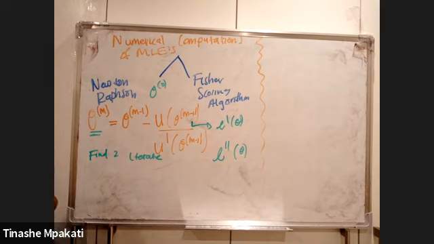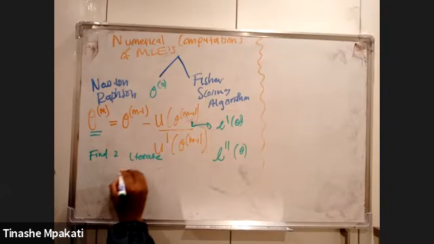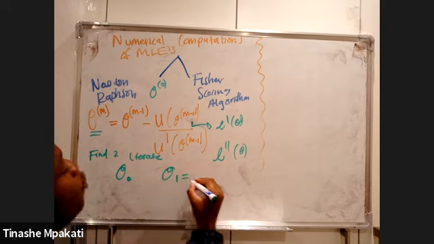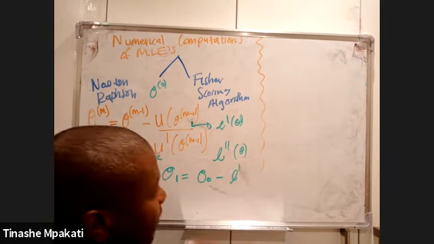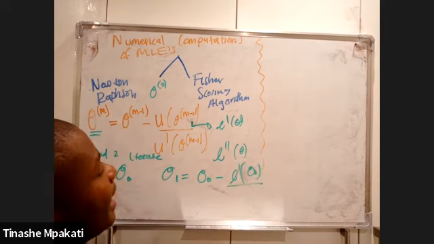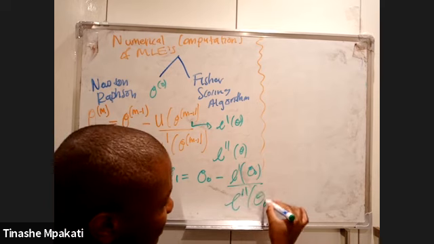So now it's actually as simple as being a matter of, after being given the first maybe theta naught, then you want your theta 1. Your theta 1 will be equal to theta naught minus your score function, right? Your score function here, you evaluate that at theta naught divided by the second derivative of your log likelihood function at that theta naught as well.